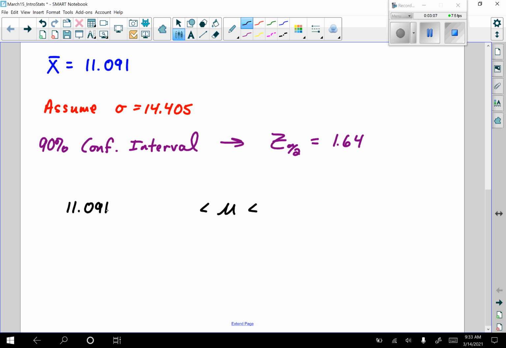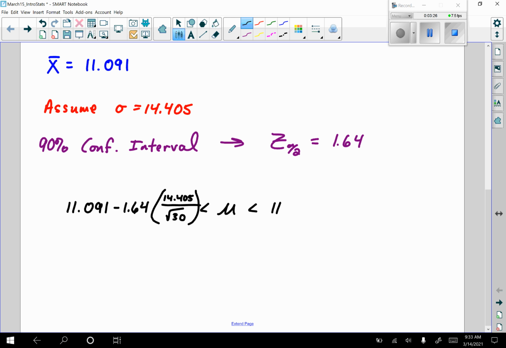11.091 minus that 1.64 times our population standard deviation. So that's that 14.405. And do you remember what it's divided by? Square root of the sample size, so square root of 30.